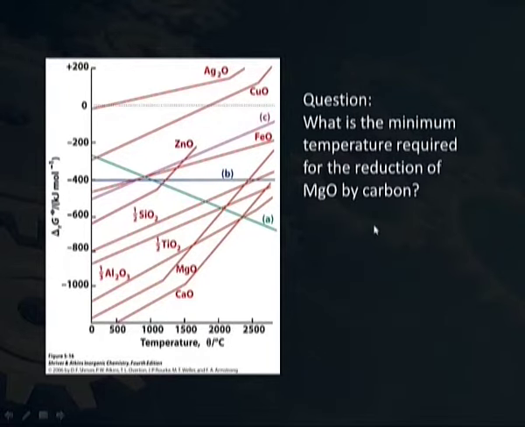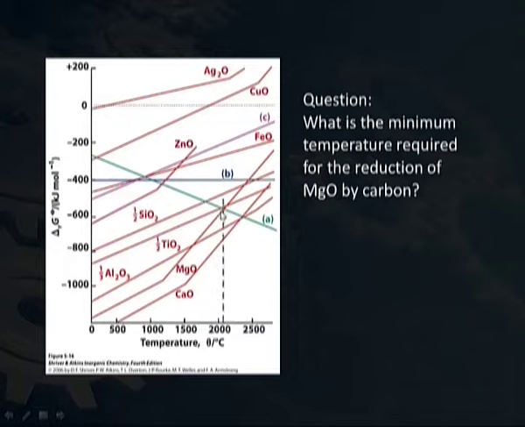Here is another question: what is the minimum temperature required for the reduction of magnesium oxide by carbon? Once again we have to look at magnesium oxide, which is this particular line, and you can see that the intersection of the curve is higher than 2000 degrees centigrade.